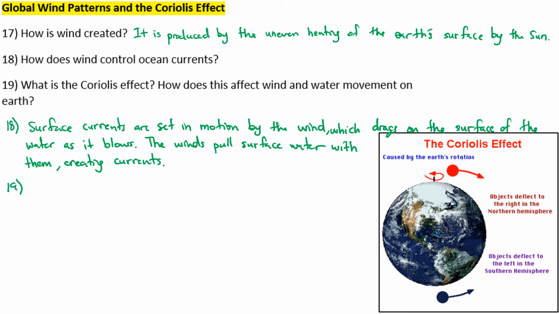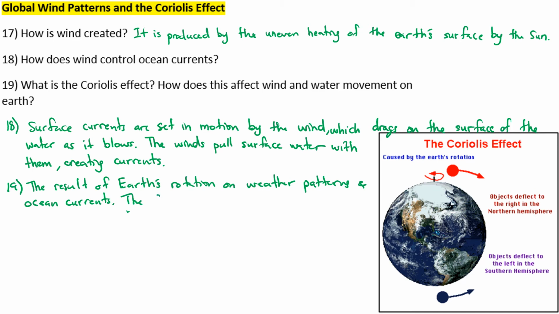Number 19. What is the Coriolis effect? How does this affect wind and water movement on Earth? So, it is the result of Earth's rotation on weather patterns and ocean currents.